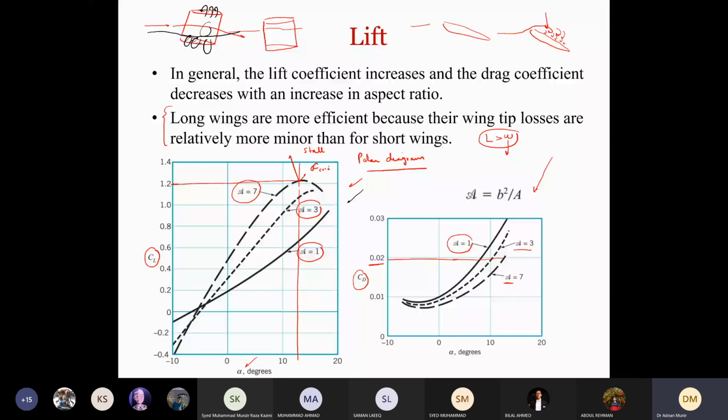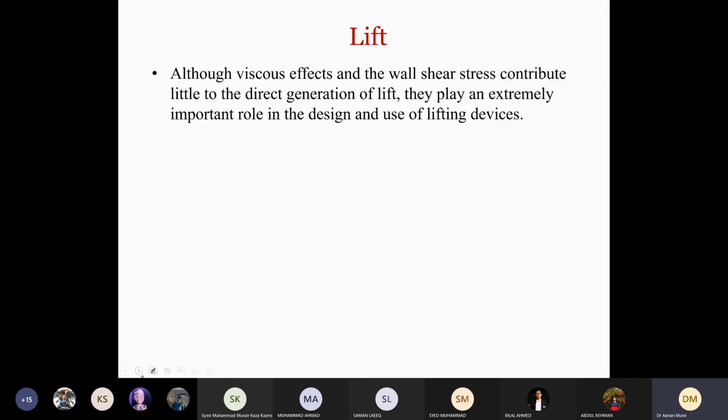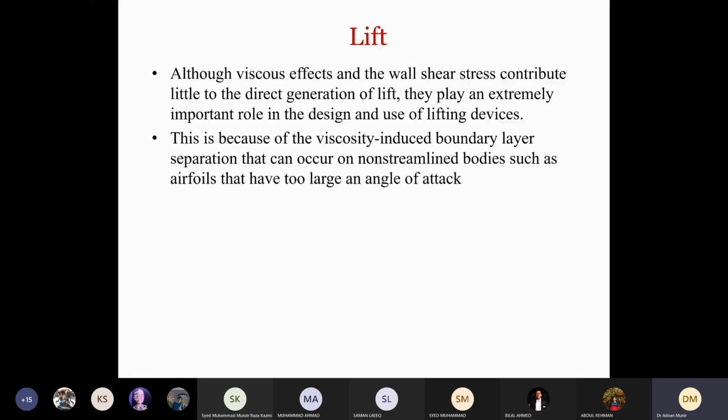Okay, so now although viscous effects and wall shear stress contribute little to the direct generation of lift, they play an extremely important role in the design and use of lifting devices. Okay, so now I'll just repeat this and then we'll discuss it.